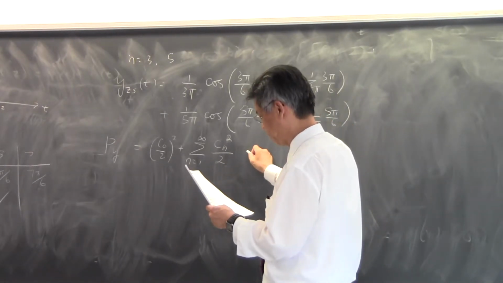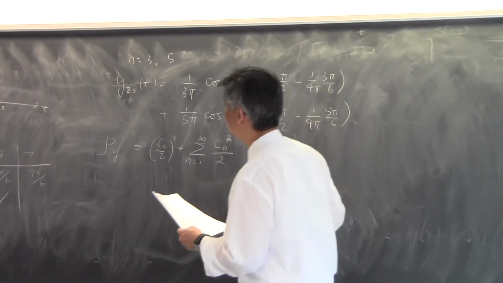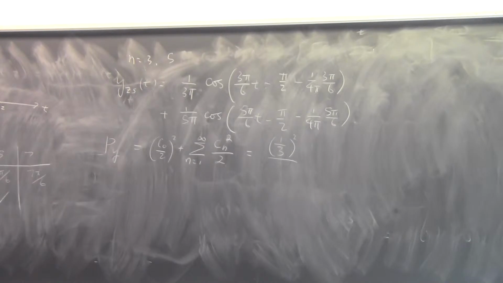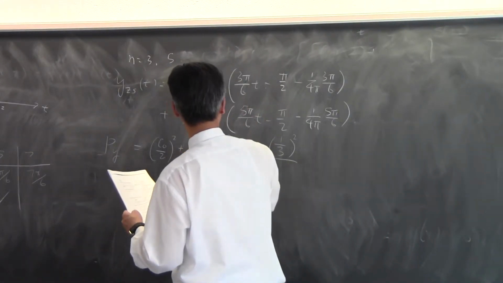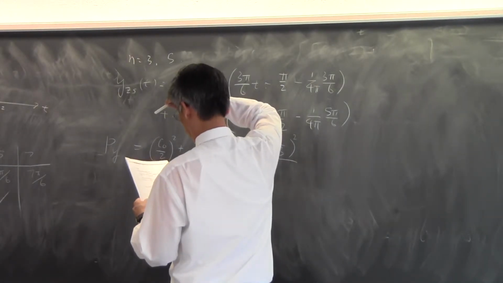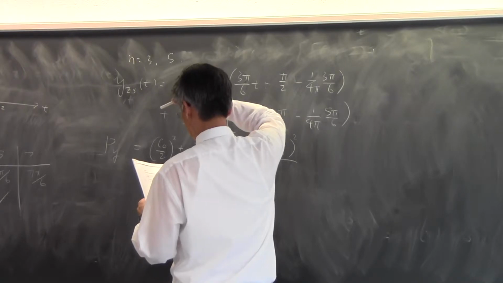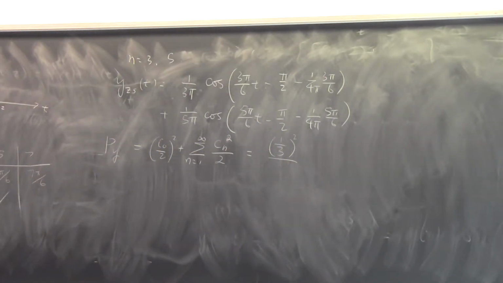You pick out the 3 and the 5 terms from here, you have 1/3 squared, and the amplitudes are 1/3, okay? Okay, I'm sorry, there's a pi somewhere that I'm missing.